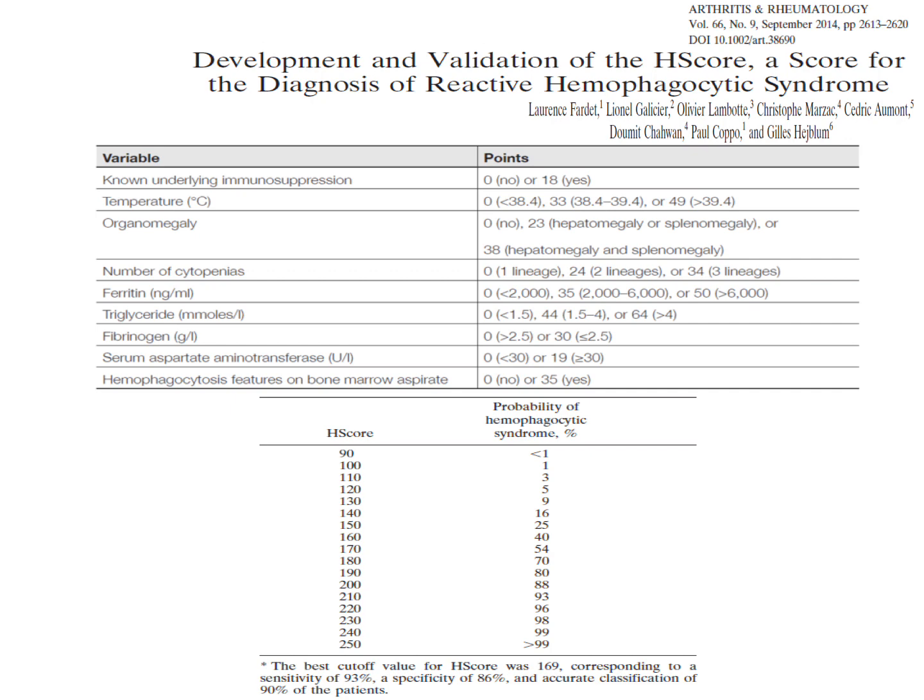And if you look again at the score, most of those patients will not score high on the H score, because most of them are not immunosuppressed. They are pyrexic, but most probably they have no organomegaly. They have anemia like most ICU patients, mild thrombocytopenia. Their ferritin, in fact, is not extremely high.